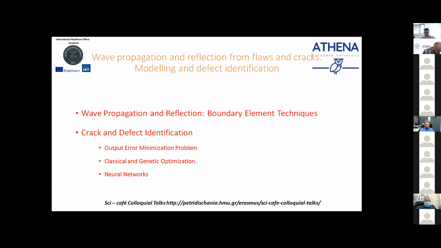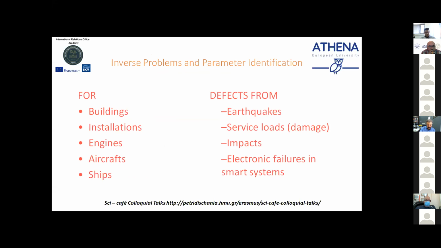I'm going to show you some pictures reminding what is important here. Wave propagation and reflection is a very important topic, because we can find hidden material properties or layers or defects.